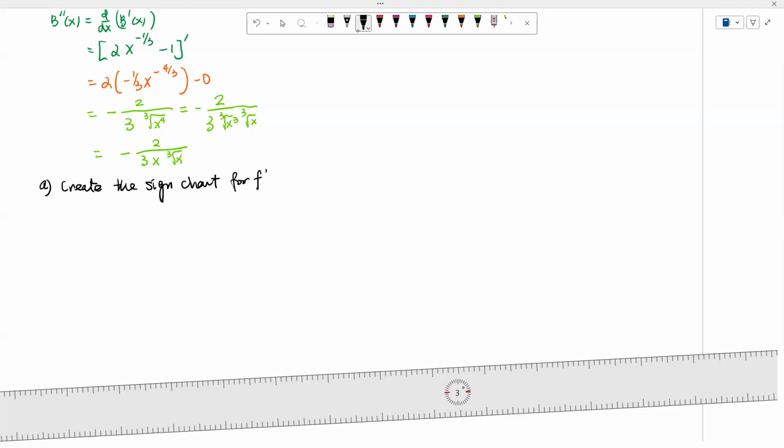For b prime, that means I would like to find the critical numbers. So I set b prime of x equal to 0, or b prime of x does not exist, right?